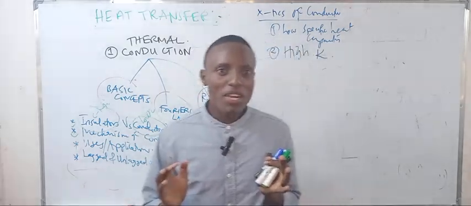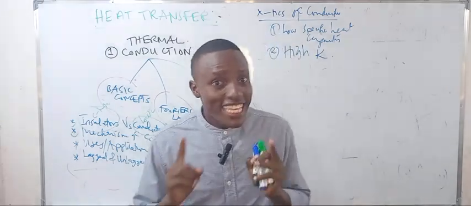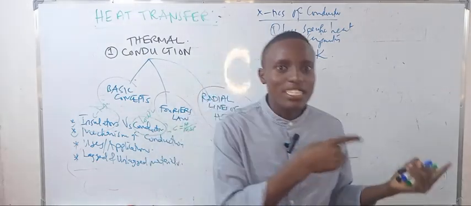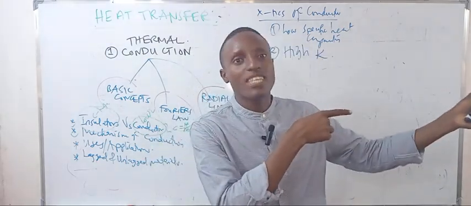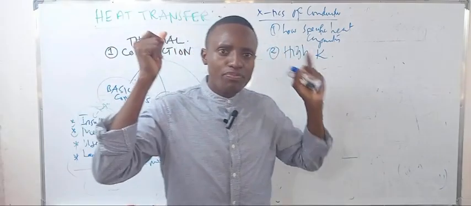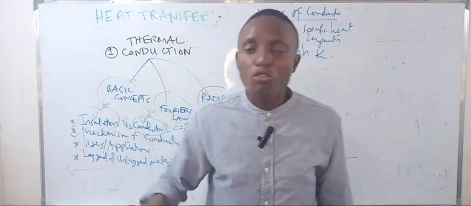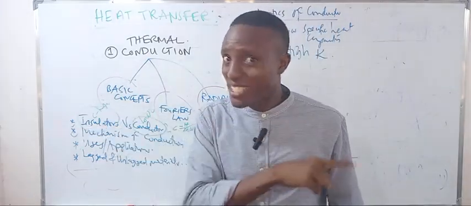As they vibrate at their mean position, they induce energy to the next particles towards the cold junction. Hey, come on. I said in thermometry, heat never flows from the cold junction to the hot junction.